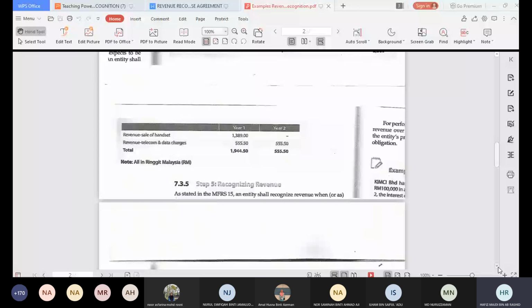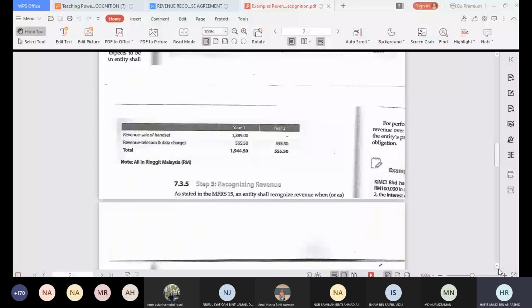That is how you recognize the revenue when the contract consists of several performance obligations, and the price comes as a package. So you need to allocate it appropriately in the relevant year for the recognition of the revenue. Okay, so that is another example with regards to transaction price.